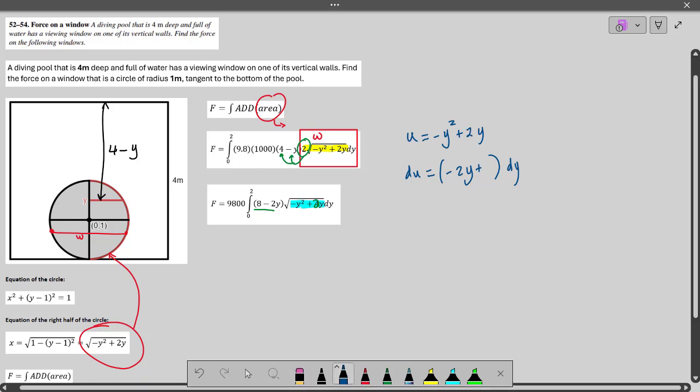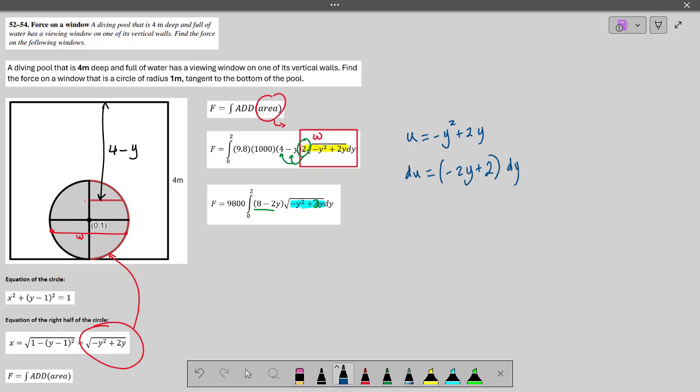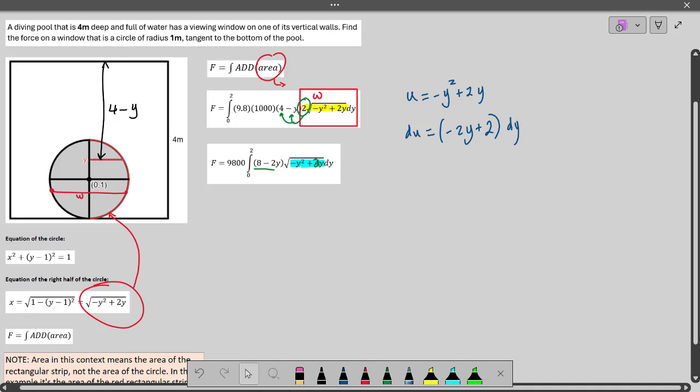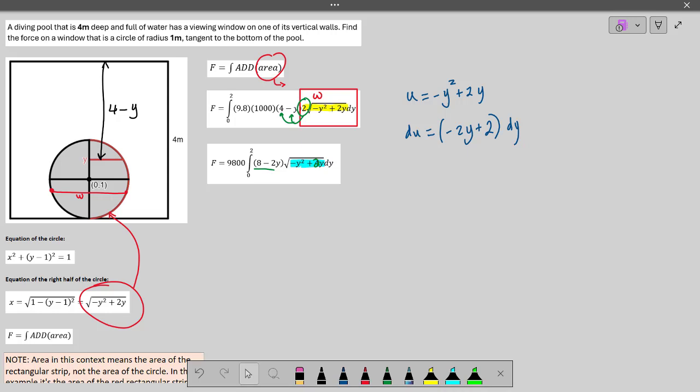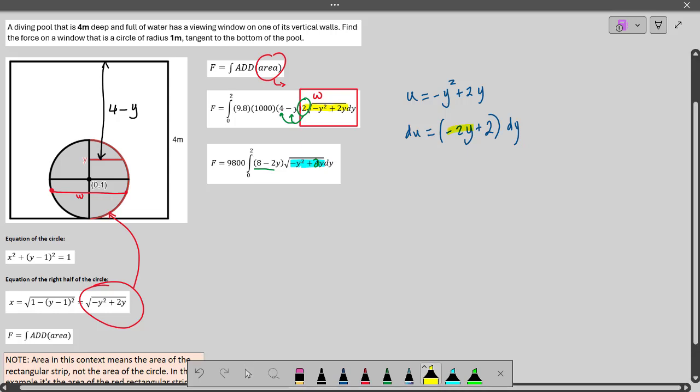So that's a 2, and when we take the derivative, we get minus 2y plus 2. So it's still not going to line up exactly. We have to do a little work. But what does line up is that there's a negative 2y here and a negative 2y there. That part does line up.